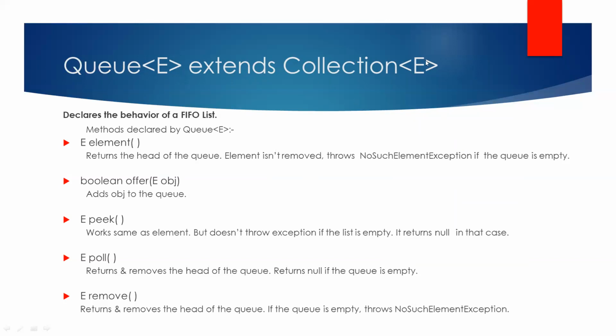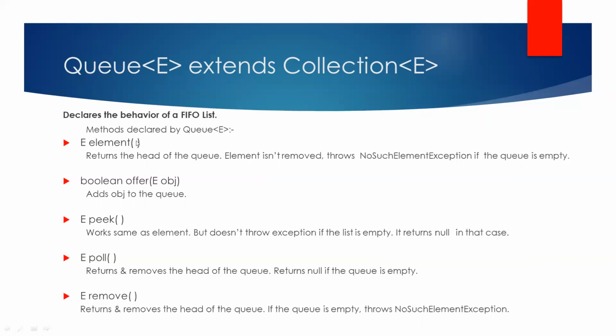Here is a quick view about the queue. As we know, the queue works on first in first out. So if anyone implements this interface, then that collection will work on this basis.